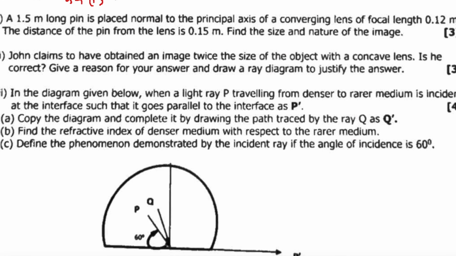Converging lens is convex, correct. Now they are telling you height of pin, that will be equal to 1.5 meter. They are also telling you that the focal length is going to be 0.12 meter.